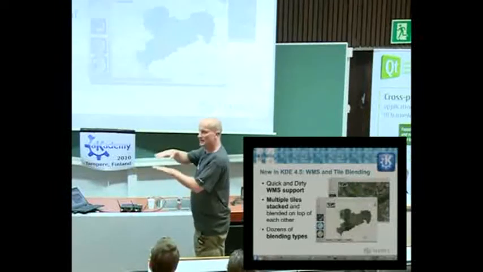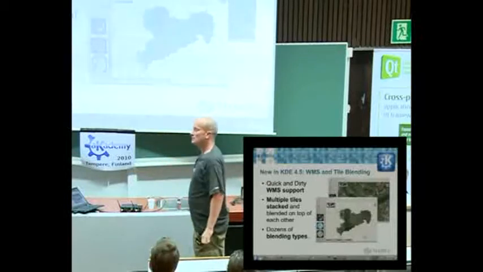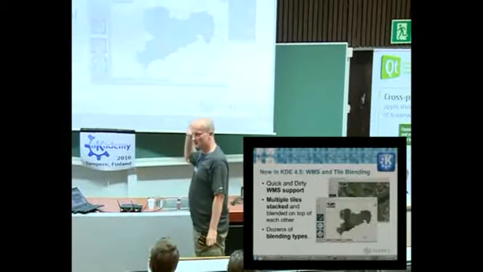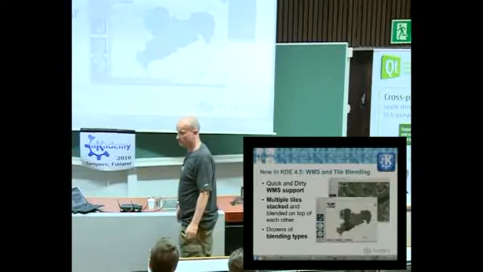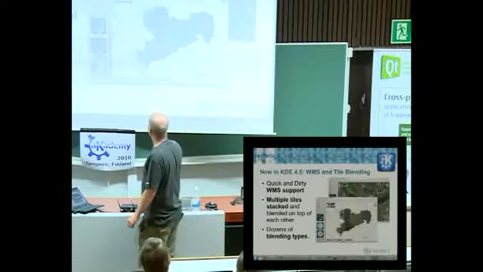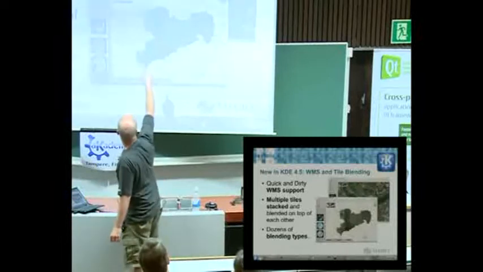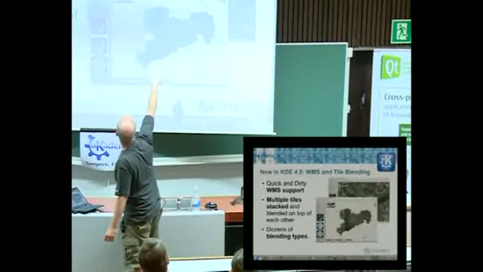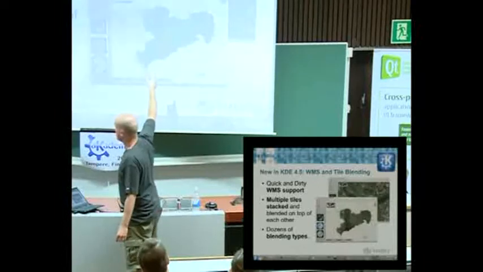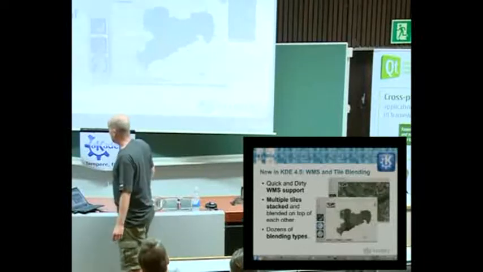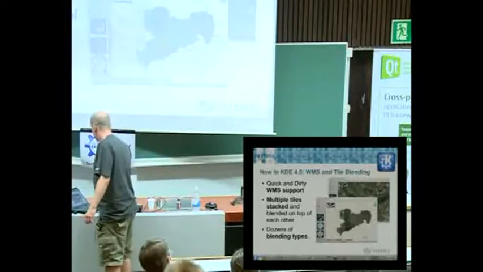And you can blend this data using some blending types like used in Photoshop or GIMP. You can see that on the back screenshot a bit: there's satellite data with OpenStreetMap blended on top, and down there is OpenStreetMap with also satellite data.